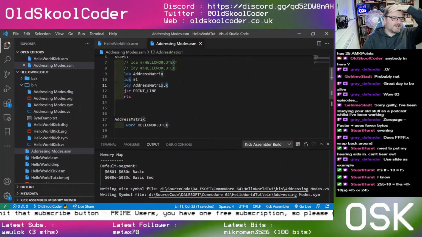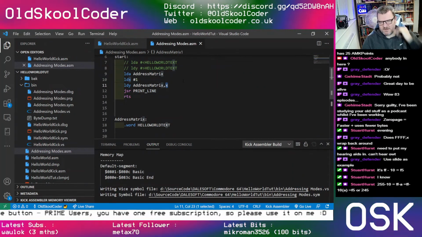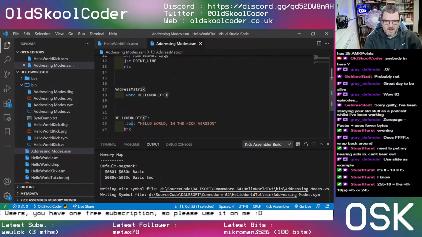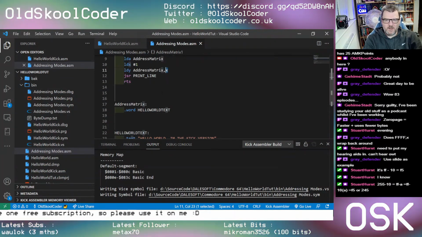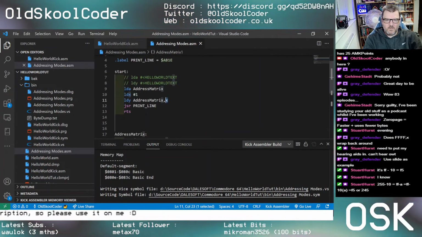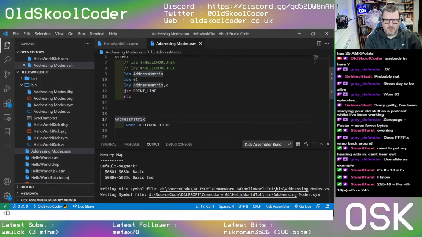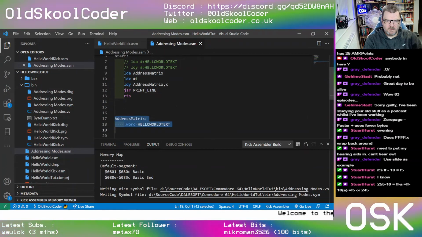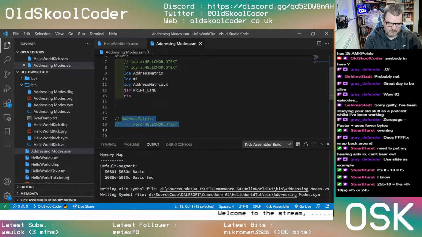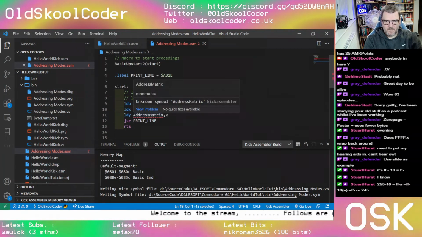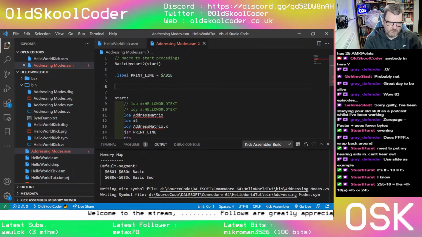indirect indexed, it's a bit more difficult to try and demonstrate in this example. How are we going to do this? We will rem that out, and we will do.